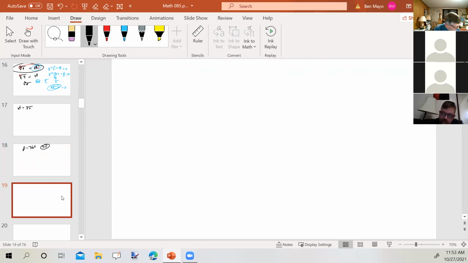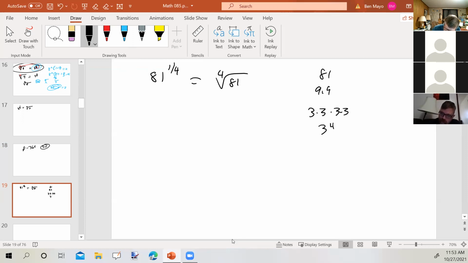Now, let's take a look at this problem. 81 to the 1/4 power. It says evaluate each expression, okay? This is the same thing as the 4th root of 81. Now, you could do this by hand. You could say 81 is 9 times 9, 3 times 3 times 3 times 3, 3 to the 4th power.